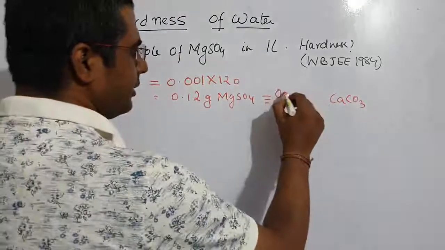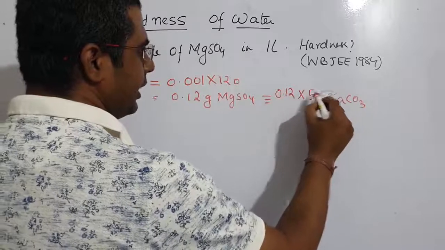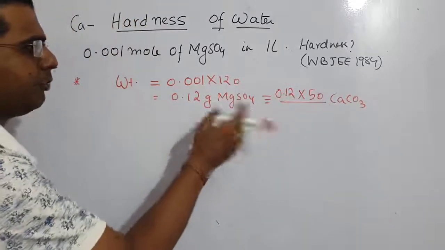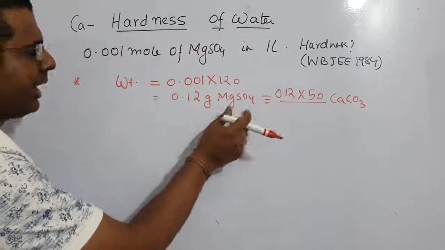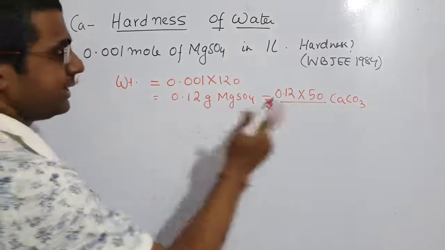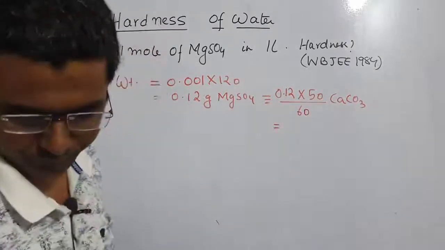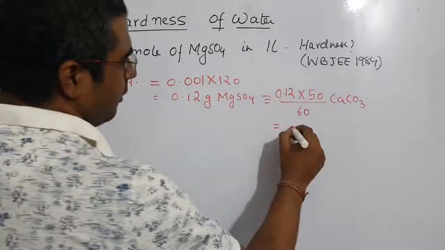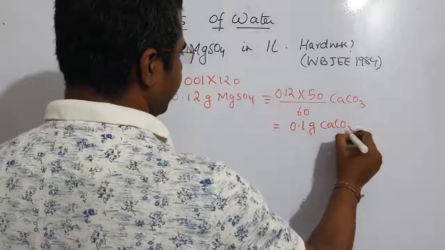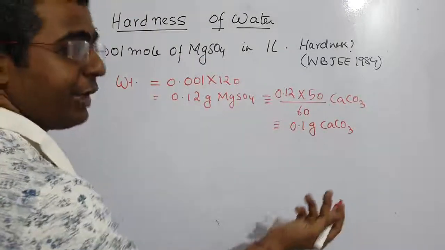I have learned: 0.12 weight into 50 divided by the equivalent weight of MgSO4. The molecular weight is 120 for MgSO4, divided by the valency, so 60. Clear? So this will come out to be 0.1 gram CaCO3. Finish. So you know the weight of CaCO3.